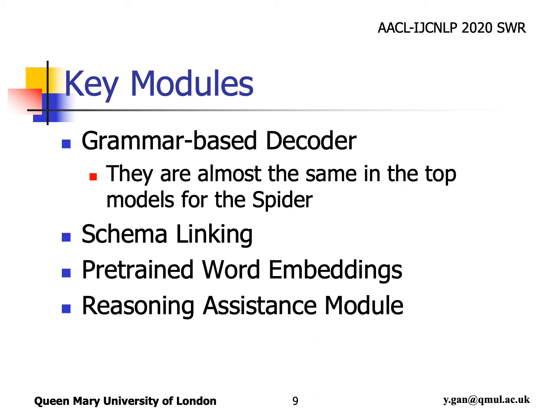In these models, we find four key modules that affect the performance the most. The first module is their decoder. However, due to the page limitation and because their decoders are almost the same in the top models, we didn't discuss it in our paper. We focus on the other three key modules in our paper.